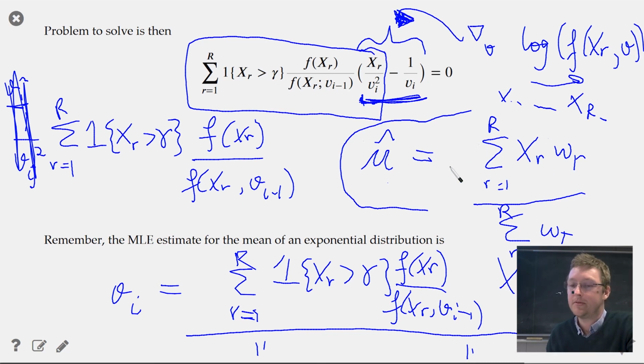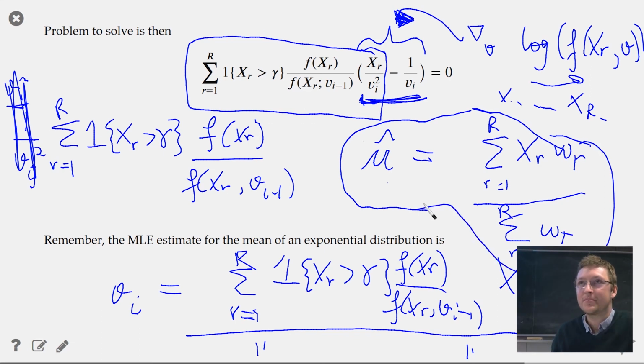So is this starting to look a bit closer? So that's how you do a weighted maximum likelihood estimate. And the only difference here is that we have this indicator saying that we're only going to pick up the x's that are in the elite set.